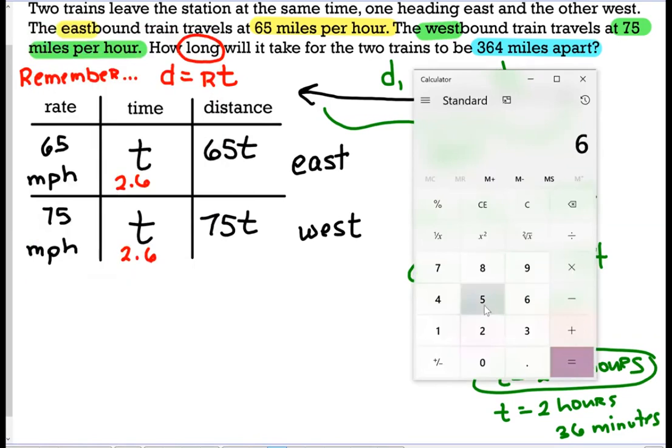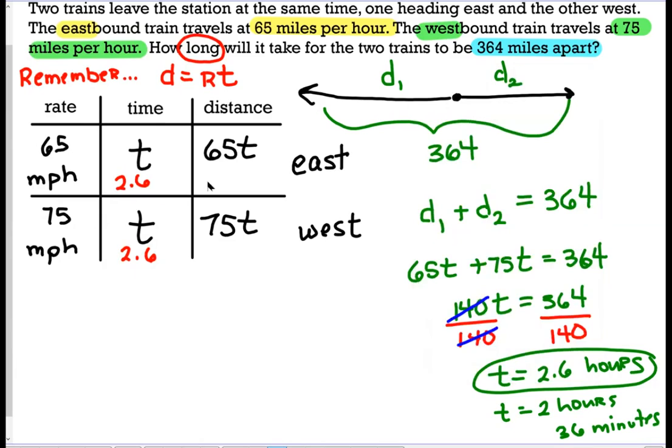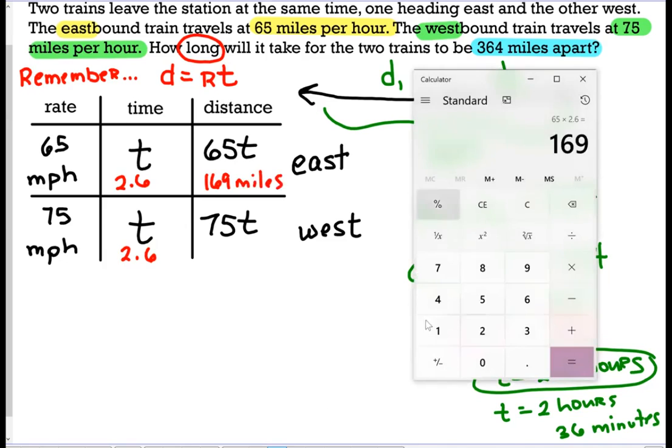We have 65 times 2.6, 169 miles. What about the other one? 75 times 2.6, 195 miles.